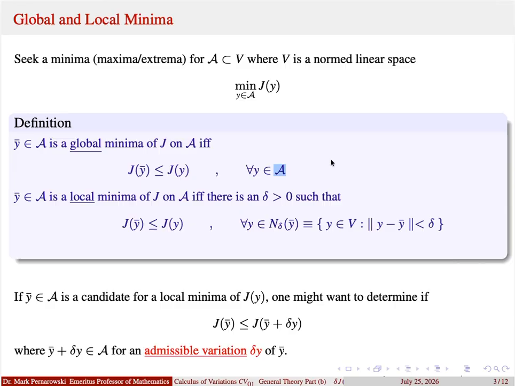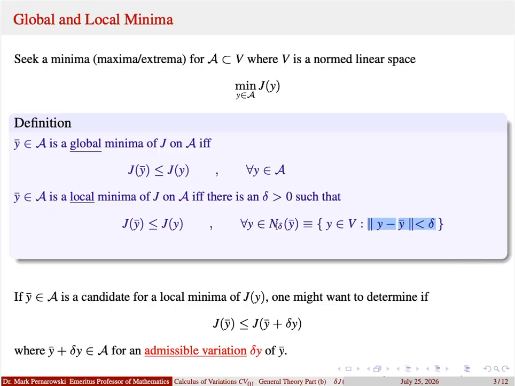Local min basically says it's the same thing, except that this statement is true, y bar is a local min, if y is sufficiently close to y bar. And when we're talking about sufficiently close in a normed linear space, you mean when the norm defining the distance between the two things is small.